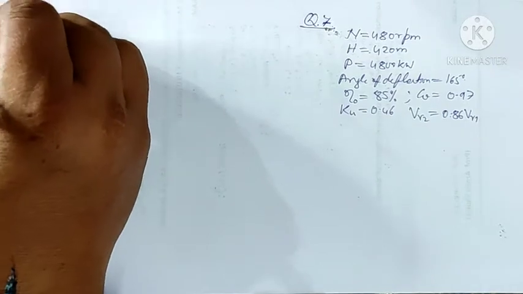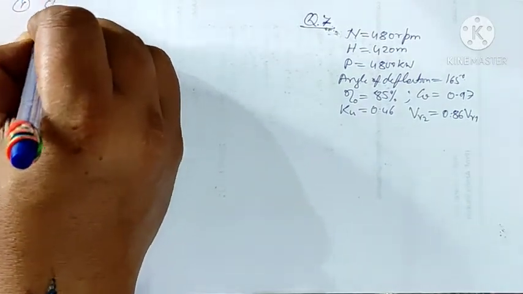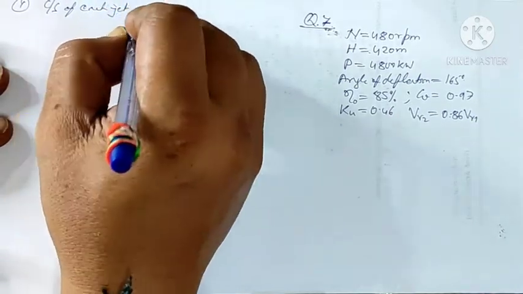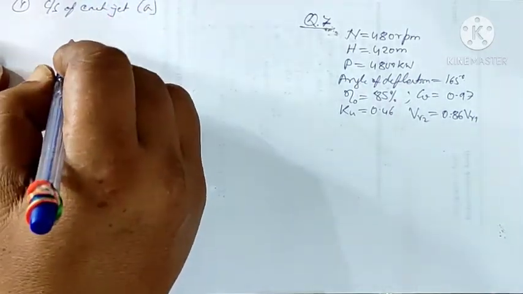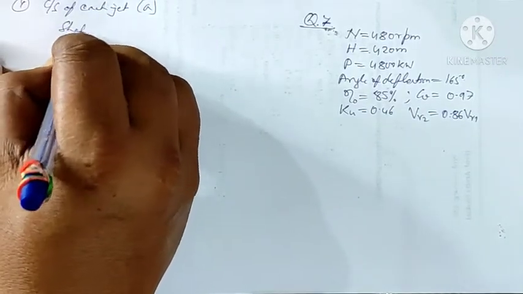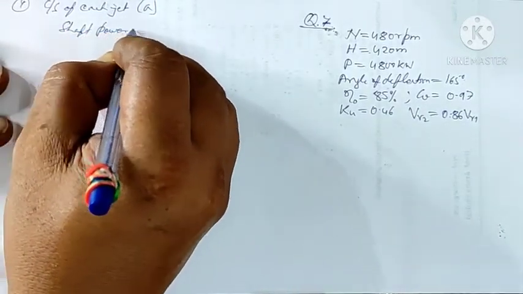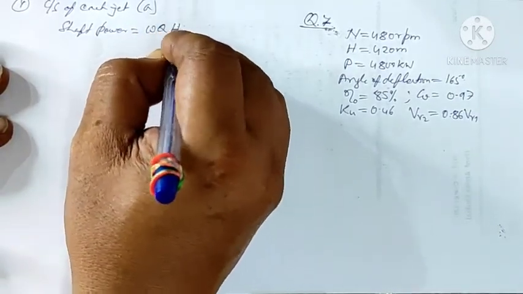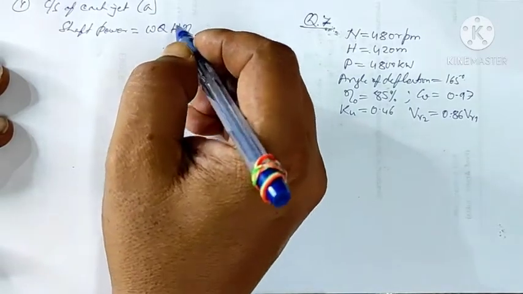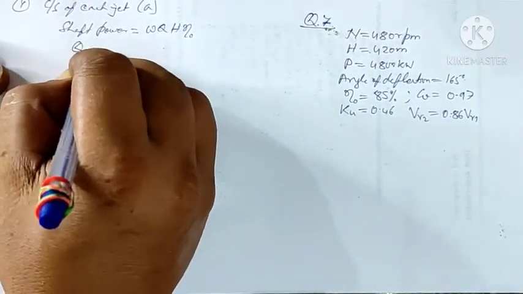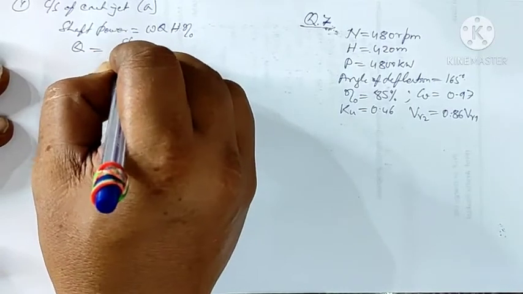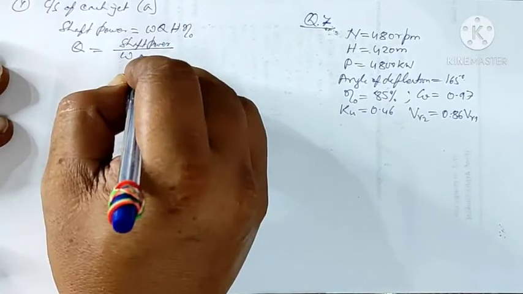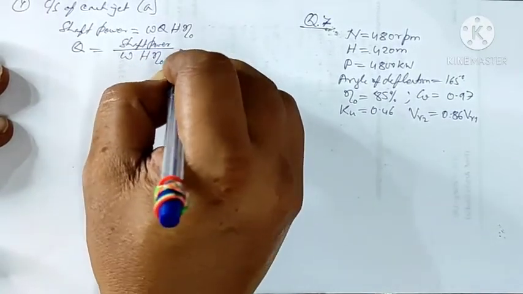So first, to find out the cross-sectional area of each jet, say that area is A. The shaft power is equal to W into Q into H into overall efficiency. So from this we can find out Q equal to shaft power divided by W into H into overall efficiency.